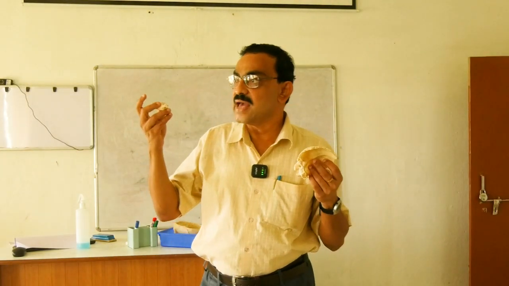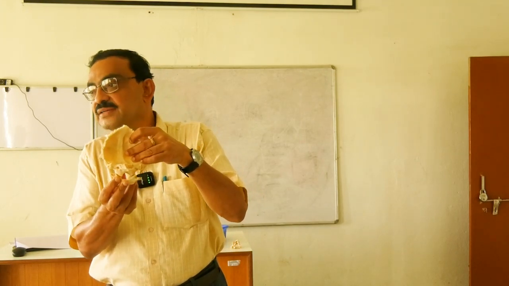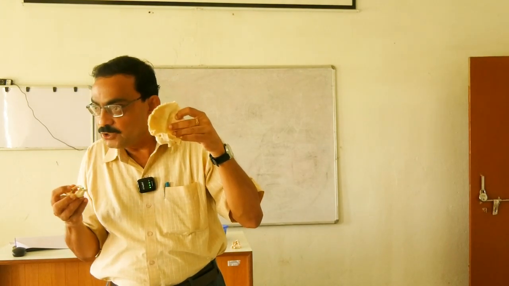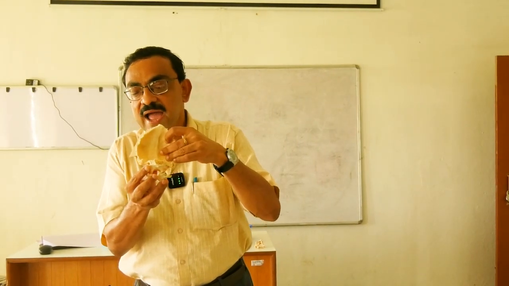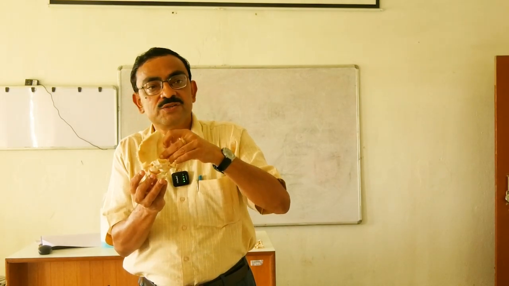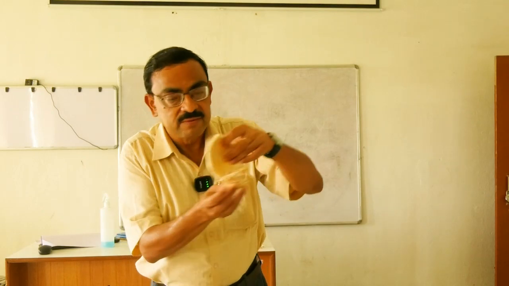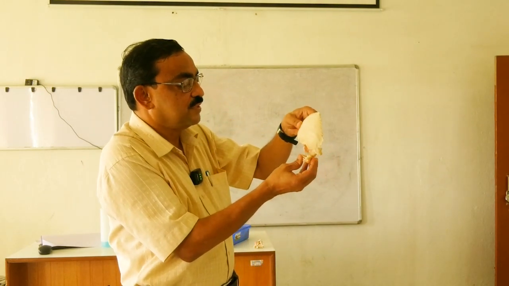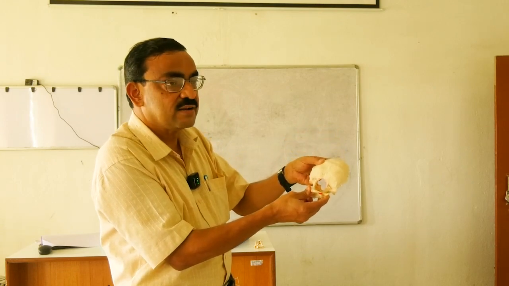So this is the atlanto-occipital joint. At this joint there is some movement. A forward movement is called flexion.